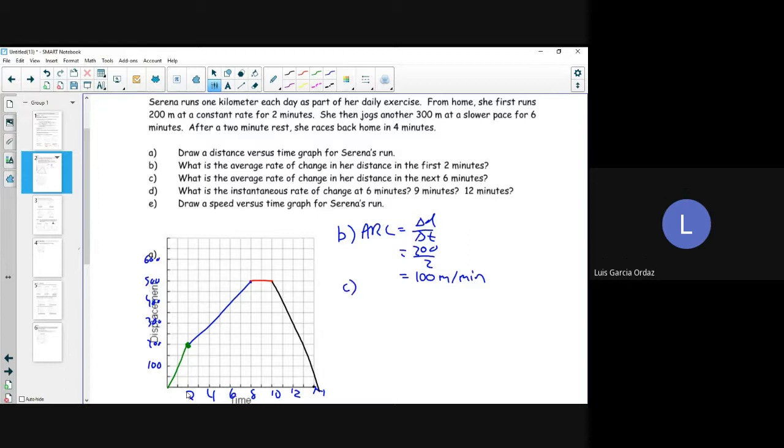C is asking us, what is the average rate of change in her distance in the next 6 minutes? So in 6 minutes, after the 2 minutes, she ran 300. So now we're looking at the time interval of T greater than or equal to 2, but less than or equal to 8.